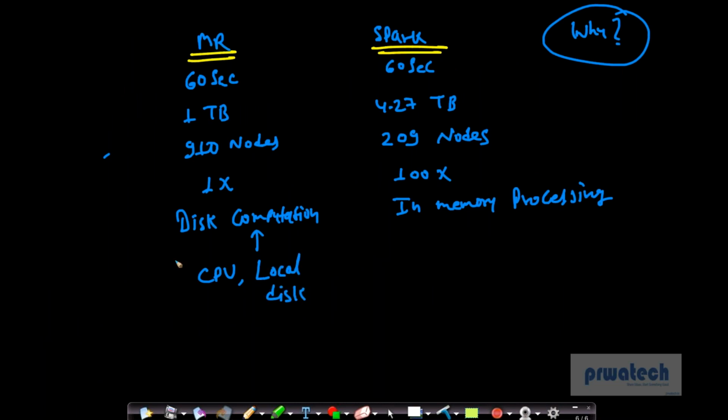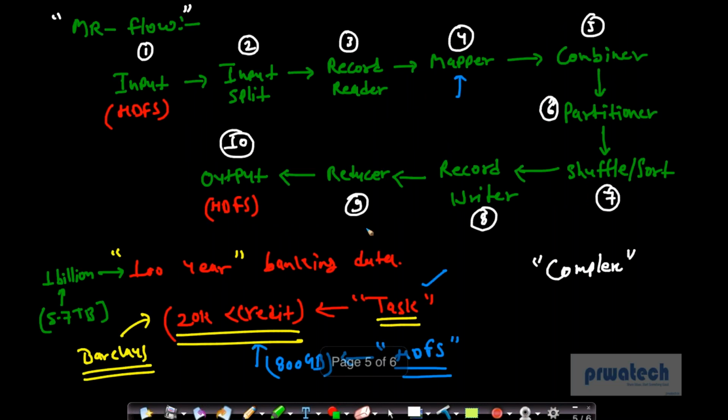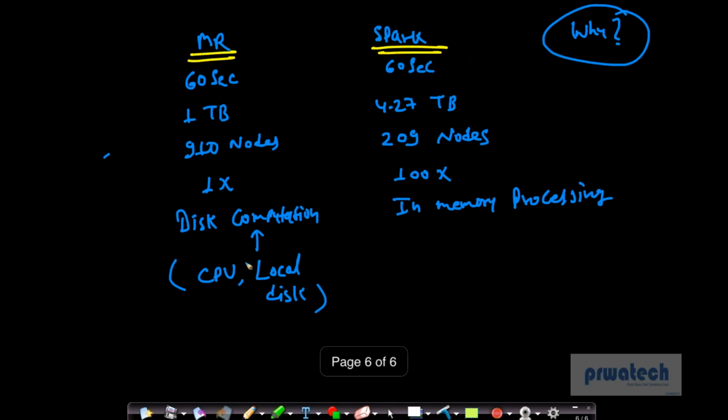LFS, I can call this an LFS. In MapReduce we have two phases, mapper and reducer. Once this mapper is done, this output will be stored in the local file system of your server, not in HDFS. If I'm writing in HDFS also, that's also a disk.